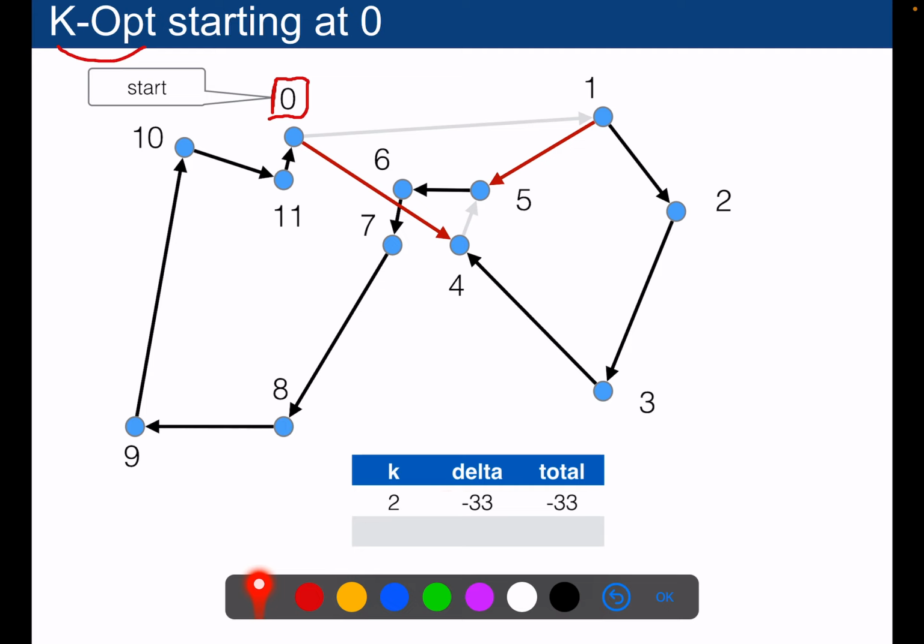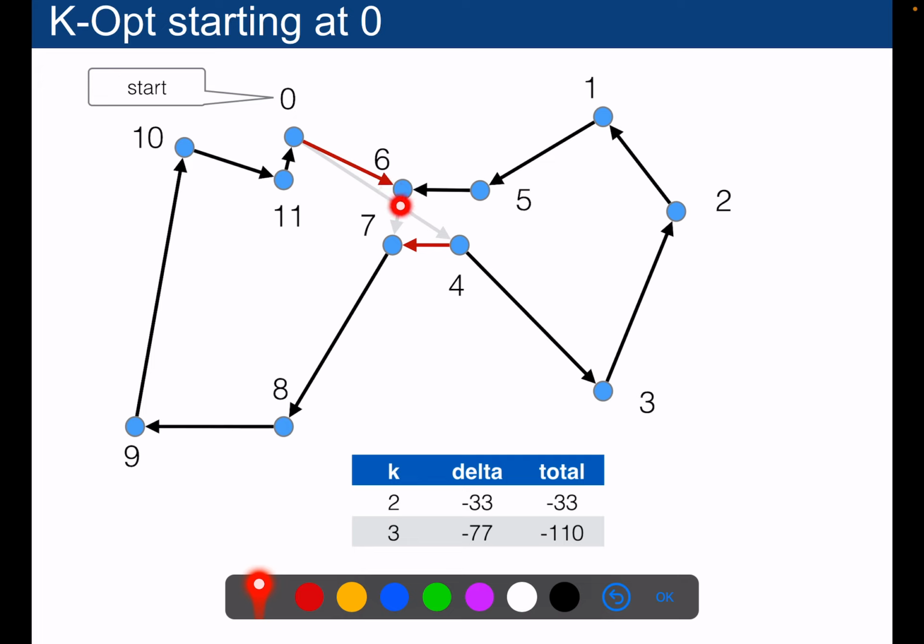But let's not stop here and let's continue. We will continue from where we just arrived, so we start from the point where we just arrived. And then what we could do here is remove these two edges.